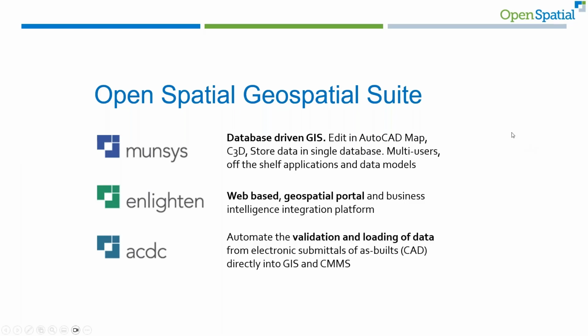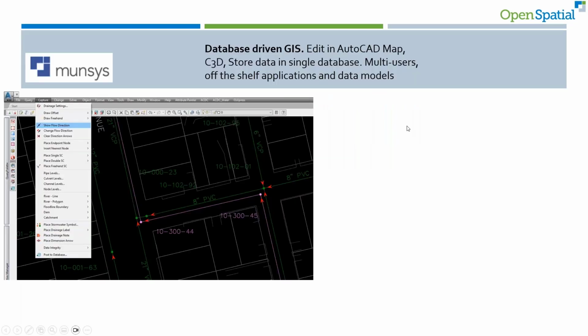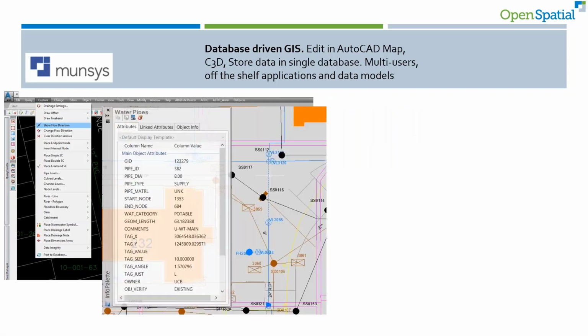And then ACDC, or As Constructed Design Certification. The whole idea with ACDC is the validation and loading of data from the electronic submittals of as-builts directly into the GIS and your asset management systems. From the Mansus perspective, so database-driven AutoCAD Map, you've got all of the base information.